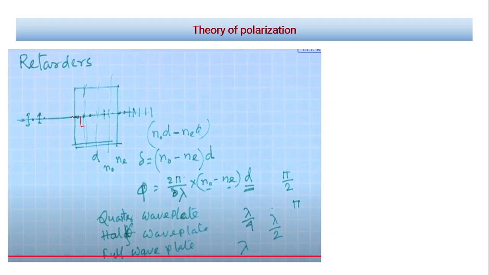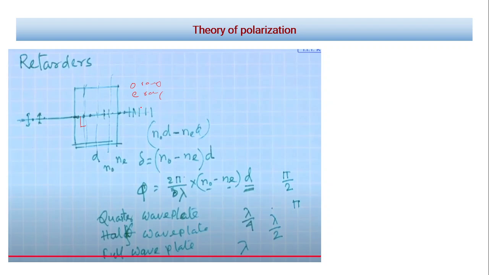So what will happen? We'll not see them splitting in different directions, but we'll know that some part of it will have its velocity reduced, whereas the remaining part of it will have higher velocity. So when these O ray and E ray come out, outside they have the same velocity, right?